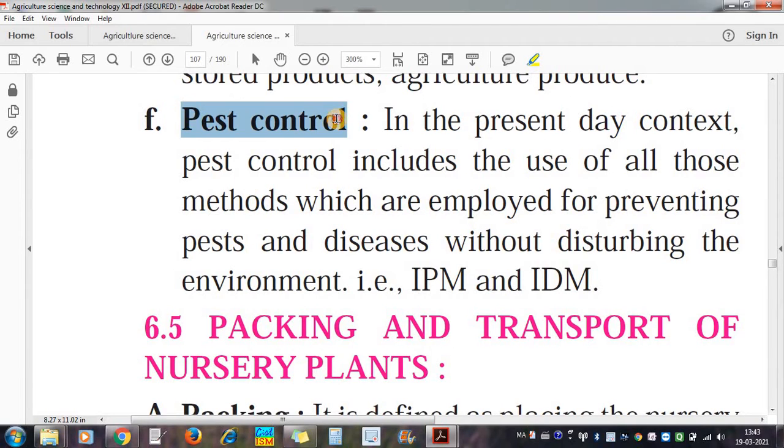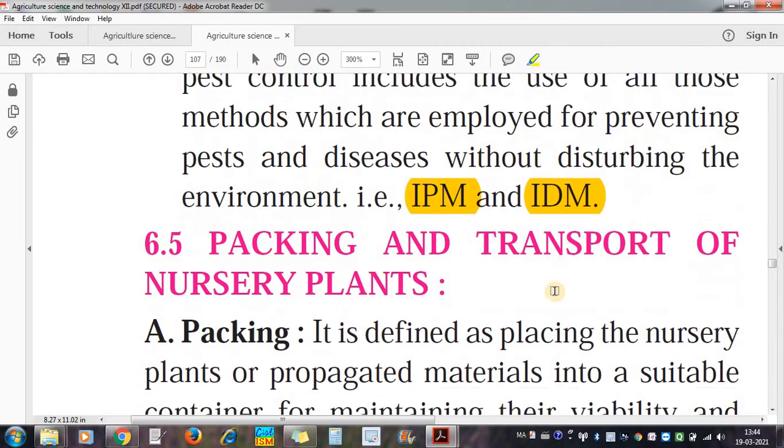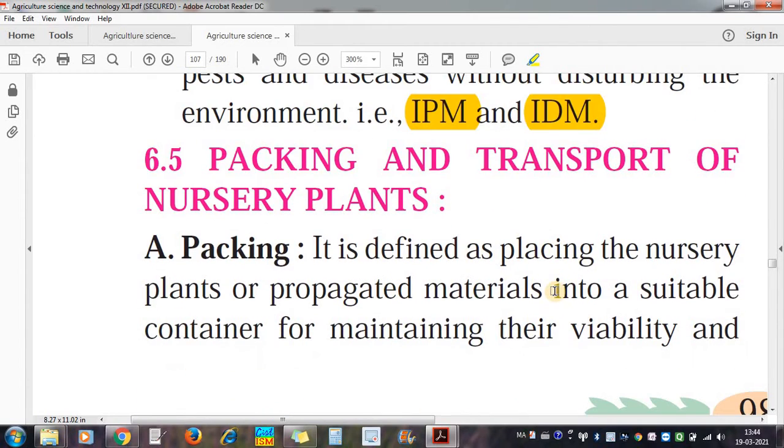Now how to control these pests? Nowadays, various methods of pest control are used. Together they are called IPM, Integrated Pest Management, and Integrated Disease Management, IDM, which we studied last time.